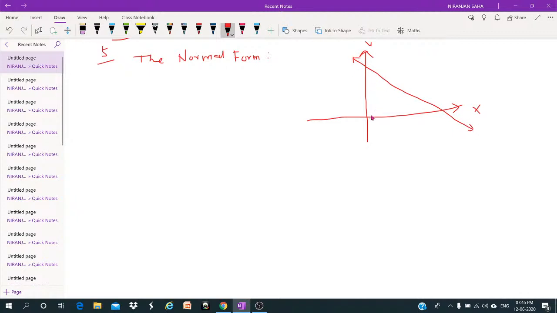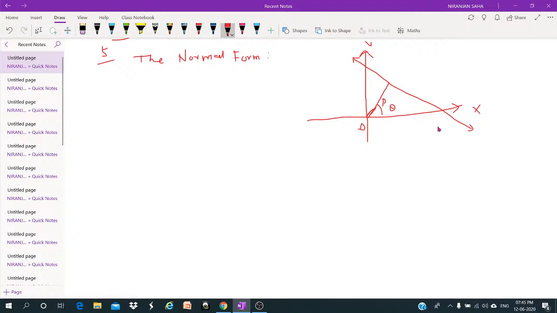Now, from the origin, there is a perpendicular on the straight line. Its length is p, and the perpendicular makes an angle theta with the x-axis. Then what will be the equation of the straight line with respect to p and theta?